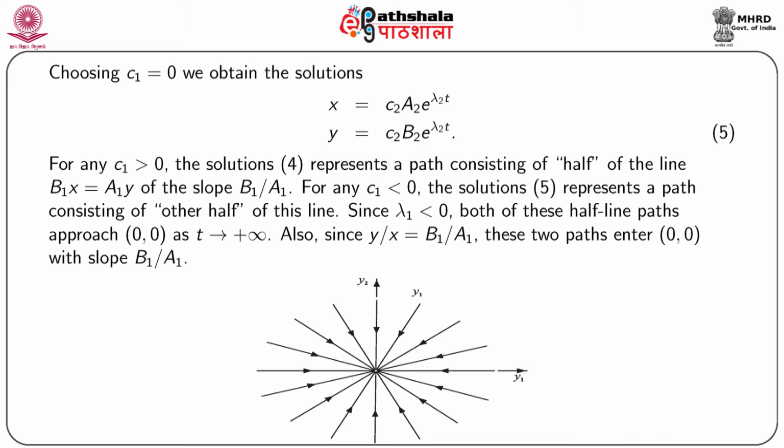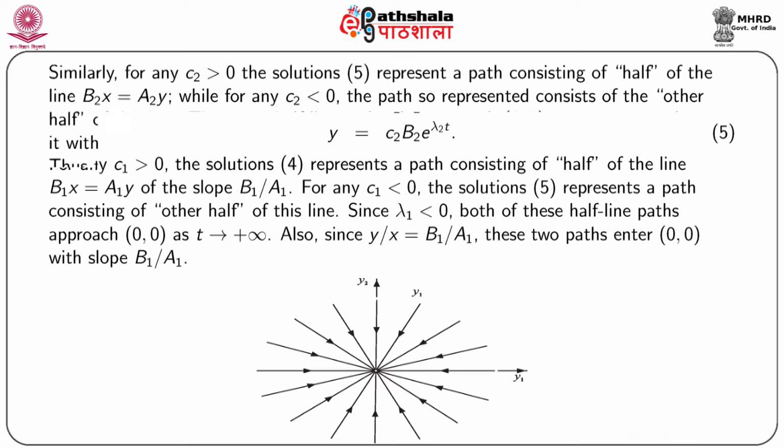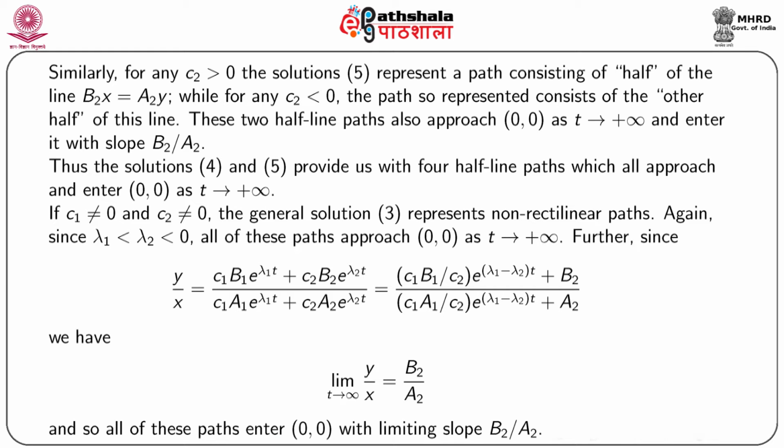And since it is a straight line passing through the origin, both these half lines will enter the point (0,0). Thus, the solutions 4 and 5 provide us with 4 half-line paths which approach and enter (0,0) as t tends to plus infinity.